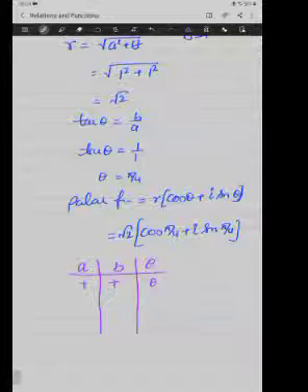Now, the next case could be if a is negative and b is positive. Likewise, a is positive, b is negative. And at the end, a and b both are negative. In these cases, what will the argument, that is theta, be?